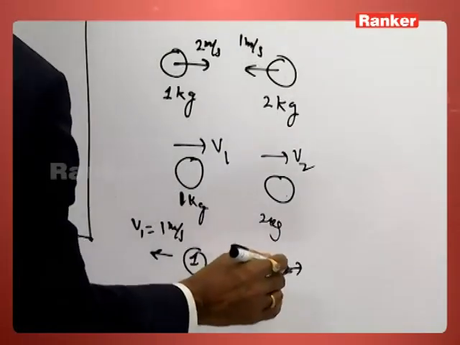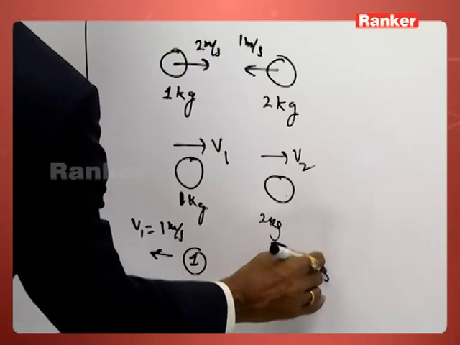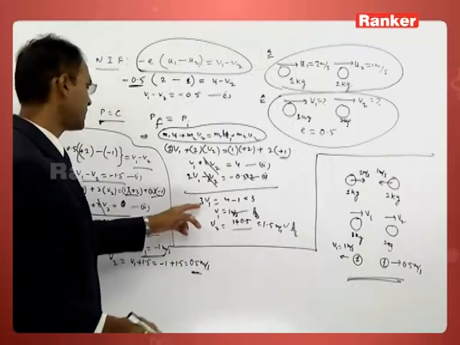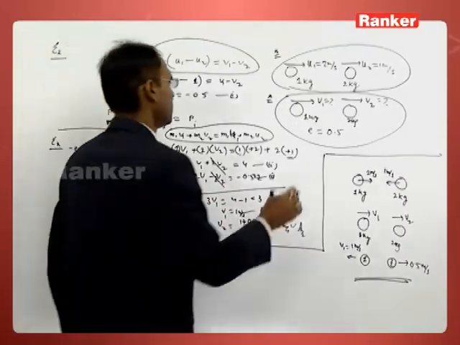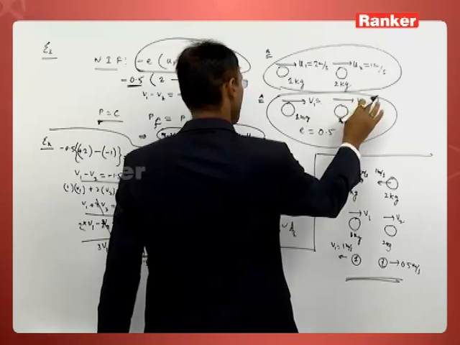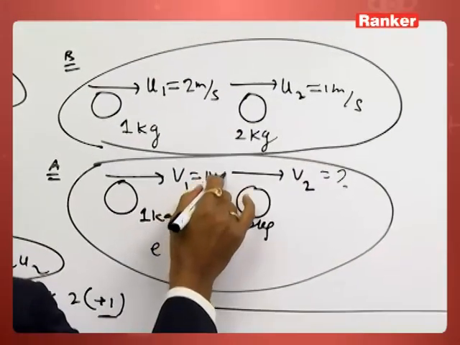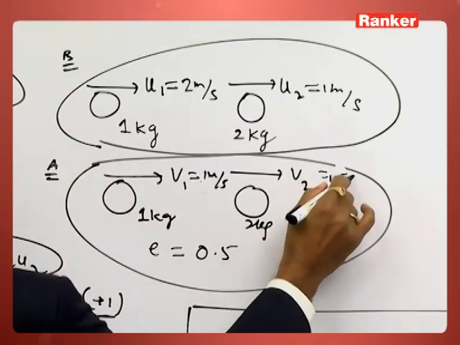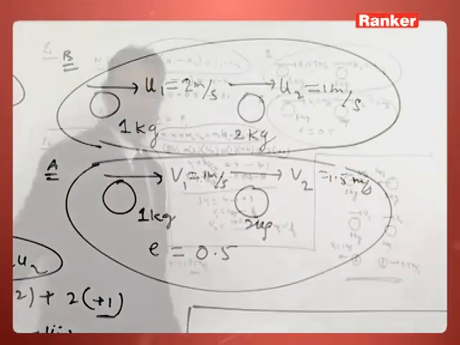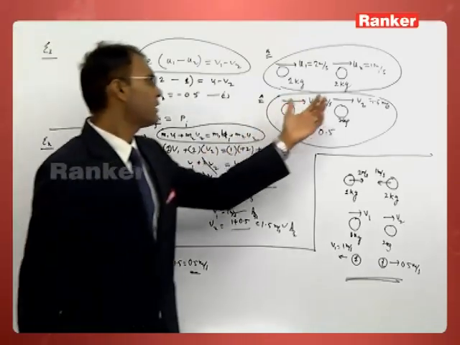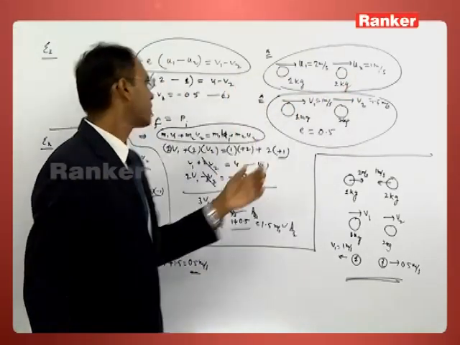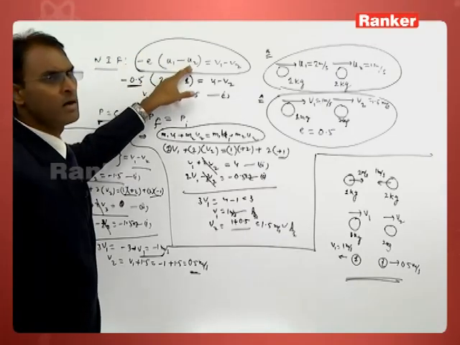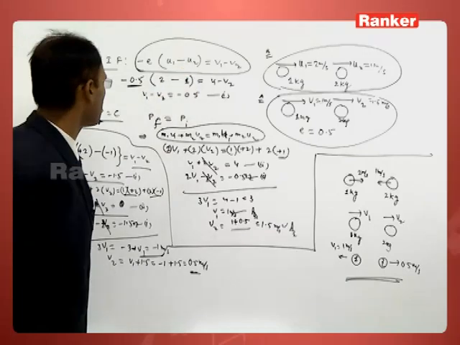This is the physical analysis of the situation. In the earlier case, we are getting both positive. This means the first moves with 1 meter per second and the second body moves with 1.5 meter per second along positive x direction. So, if you are given negative velocities, you have to put the negative value for these vector quantities.